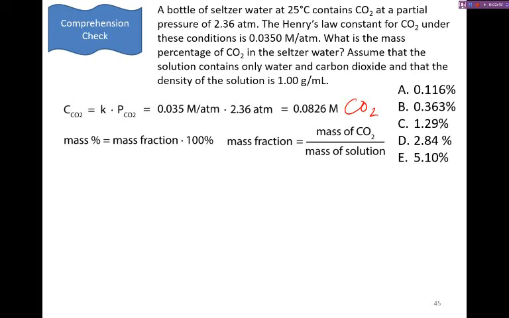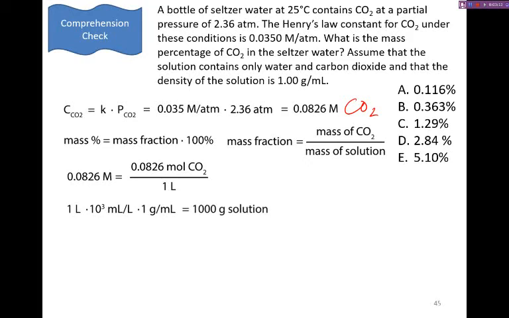So let's just assume that we have a certain volume here. It doesn't really matter what that volume is, but that helps us to give us some starting numbers. We know that the molarity is equal to the same number of moles per 1 liter. And so if we have the 1 liter of solution and we use the density, we can see that we have 1,000 grams of solution.